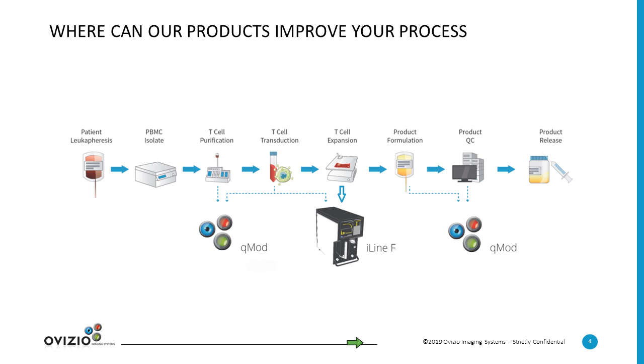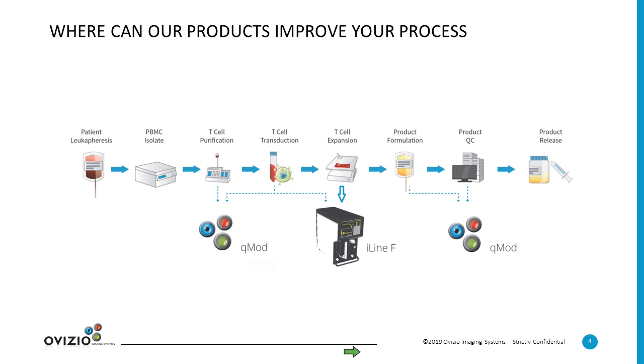Here you can see in a quick infographic where our products can improve your process. The main focus of today will be the Inline F, which is capable of inline closed-loop monitoring of your T-cell culture during the expansion step and as well during transduction and activation. The QMOD is more used in earlier or later stages.